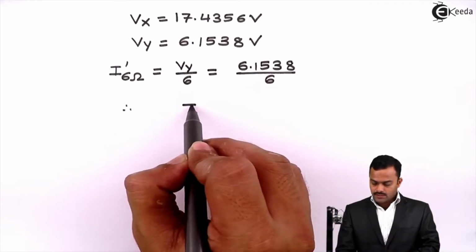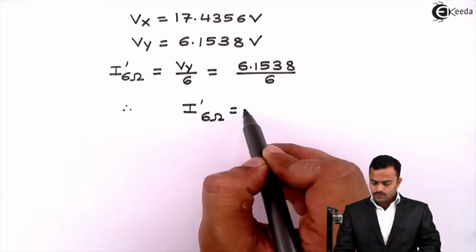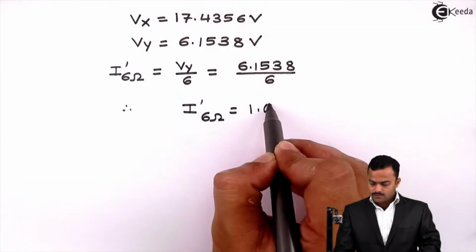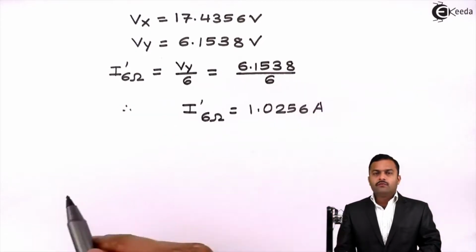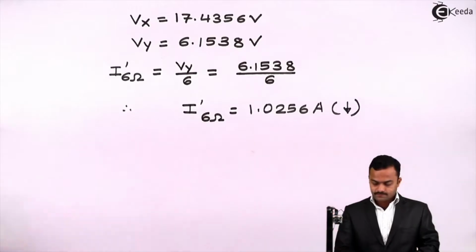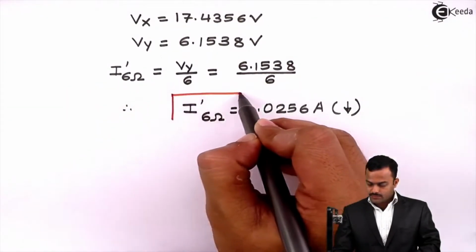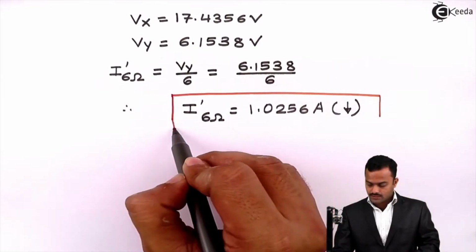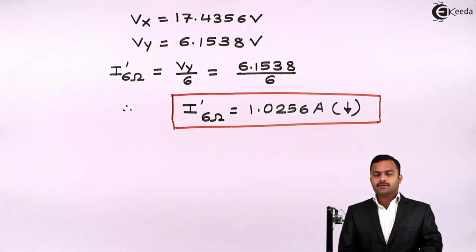After solving this, I get I dash 6 ohm equal to 1.0256 ampere. We assume current direction downward, so let's stick to that. This will be the current flowing through the resistance because of one source acting alone. This is the first step.